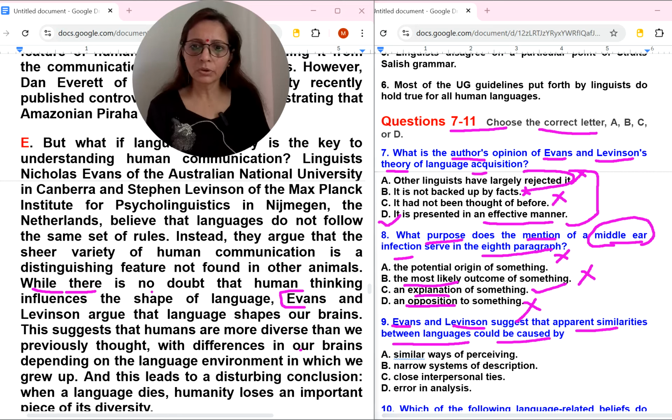While there is no doubt that human thinking influences the shape of language, Evans and Levinson argue that language shapes our brains. This suggests, some suggestion is also there. See this, I have matched almost every word. Suggestion that humans are more diverse than we previously thought, with differences in our brain depending on the environment in which we grew up. And this leads to a disturbing conclusion. Somewhere I have read apparent similarities between languages could be caused by.